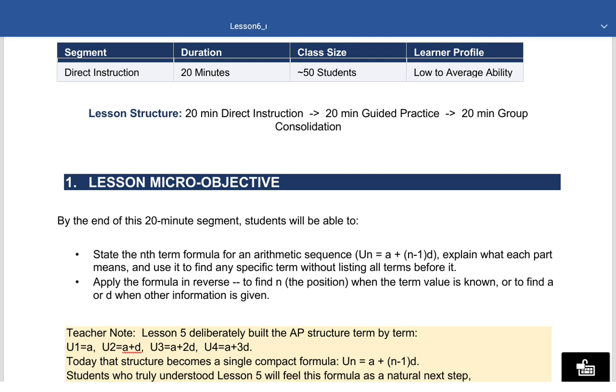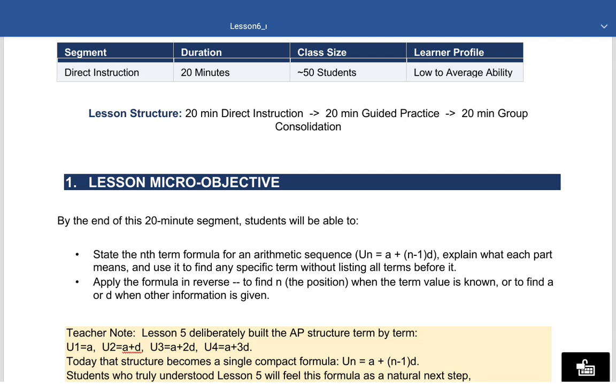Let's look at this example: which term of the AP 4, 8, 12, 16 equals 52? What do you do? First step, look for the identities. a is 4. d is 4.